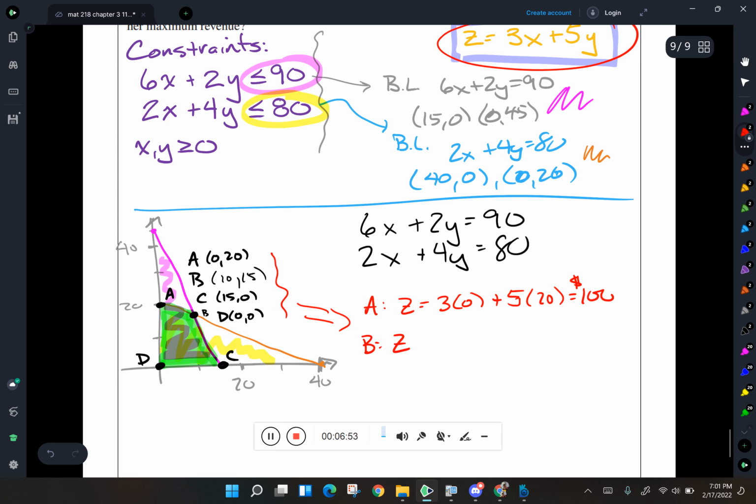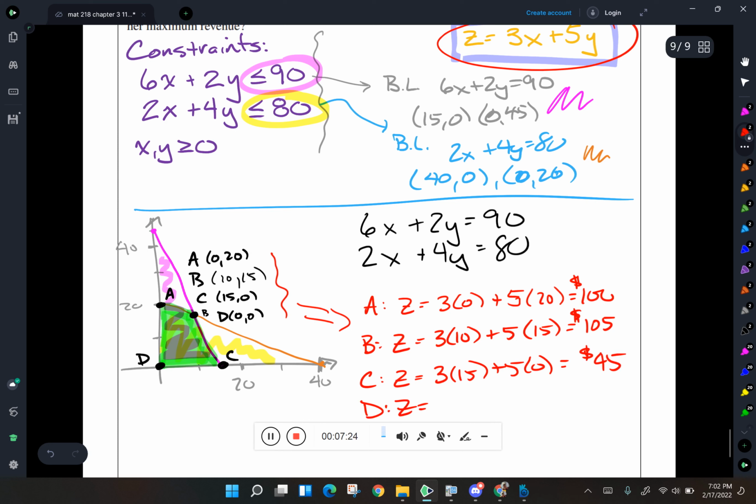At B, z is 3 times 10 plus 5 times 15, 30 plus 75, which is 105. At C, z is 3 times 15 plus 5 times 0, which is $45. And at D, I do it because I have to: 3 times 0 plus 5 times 0, which is just a big fat 0. Which one's the biggest?